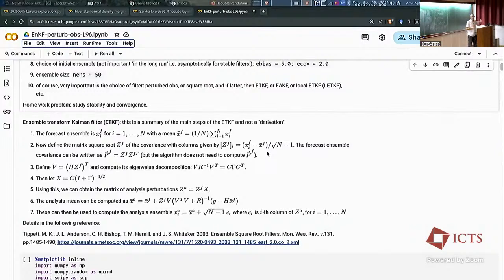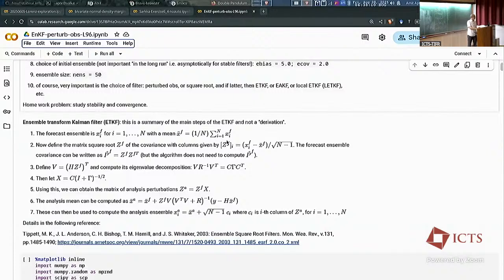So it's a d cross n matrix. And that turns out to be the square root of the covariance matrix, and that's straightforward to show. So Z times Z transpose is the sample covariance, so this is basically the square root of the covariance matrix already.